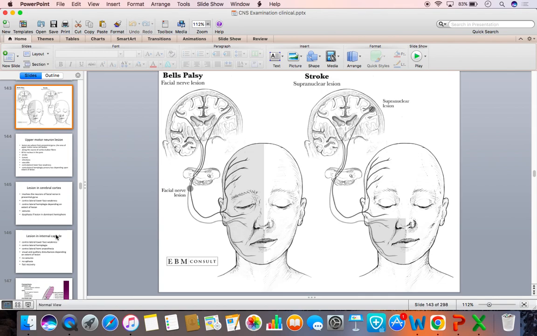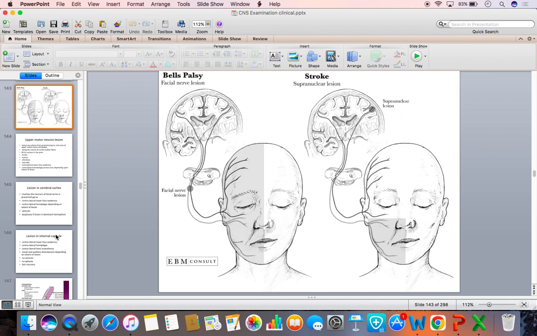The features are that it involves contralateral lower face weakness and the upper face is spared. In lower motor neuron lesions, it causes ipsilateral total facial palsy.